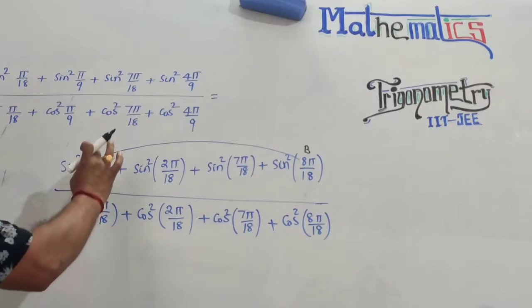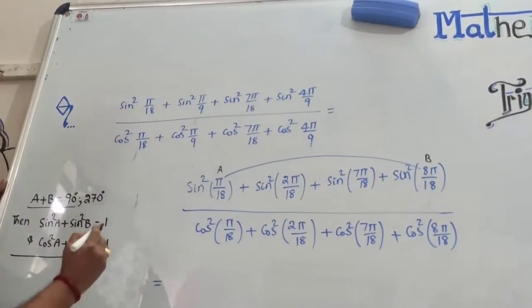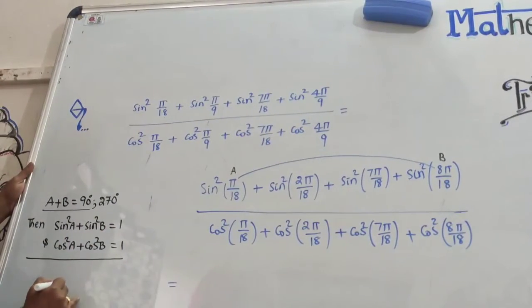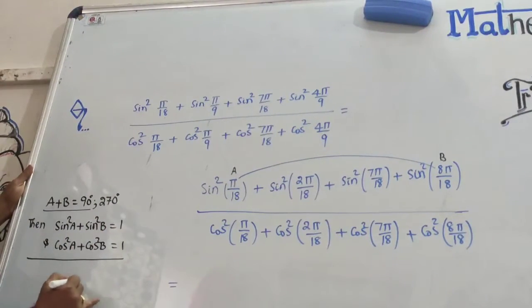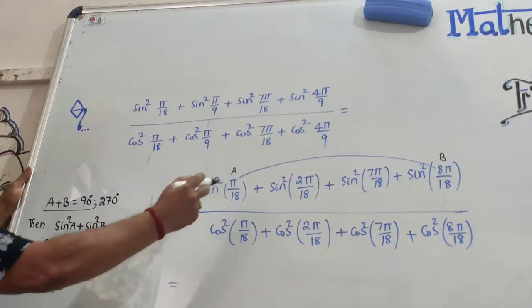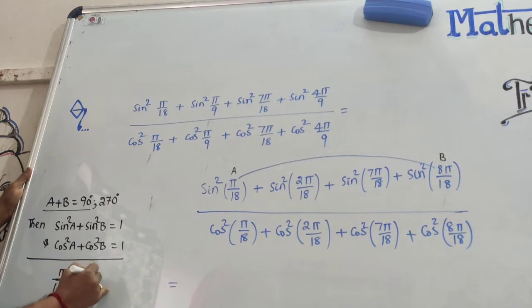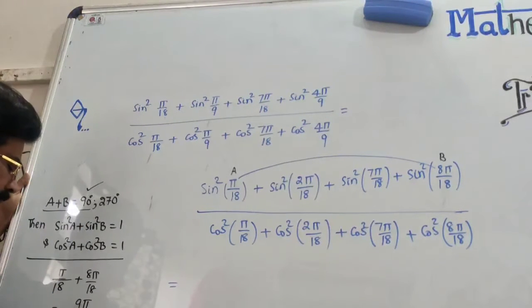Let us verify: π/18 plus 8π/18, with LCM 18, gives 9π/18, which is π/2, that is 90 degrees.